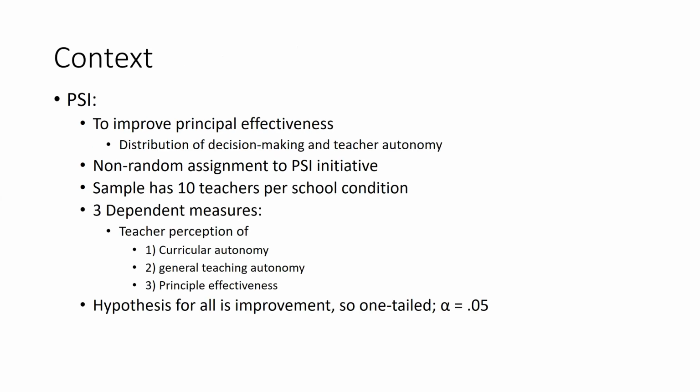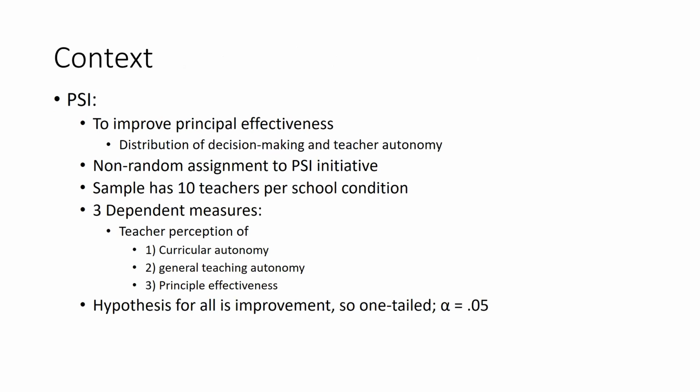So first of all, I'll set the context for the data we're going to look at. This relates to a quasi-experimental design. That means the design that does not have random assignment to groups for something called the Principal School Initiative. And the Principal School Initiative, or PSI, has a purpose of improving principal effectiveness by distribution of decision-making and teacher autonomy.